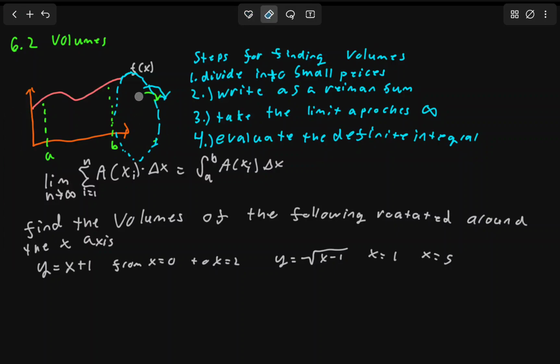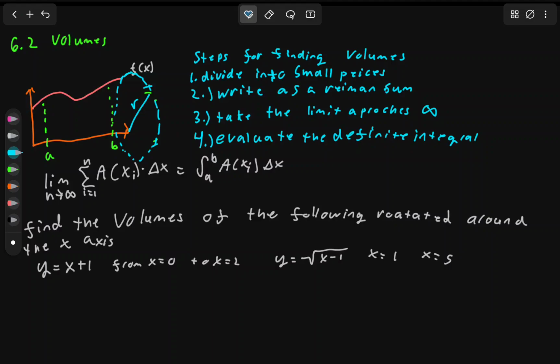And we're going to use this fact of rotating it around the x-axis to find a volume enclosed by this rotation. So this volume is a circle. So we're going to write this as a radius. The radius extends from the x-axis, and we'll call it r. Well, if we want to find the entire volume, we can't add up circles.